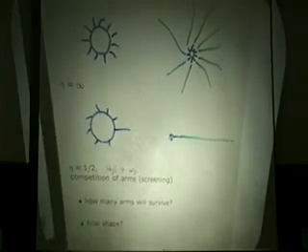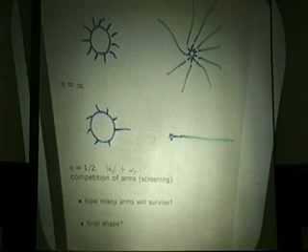Now, for intermediate values of eta, we have something in between. And the main mechanism is the competition between arms.